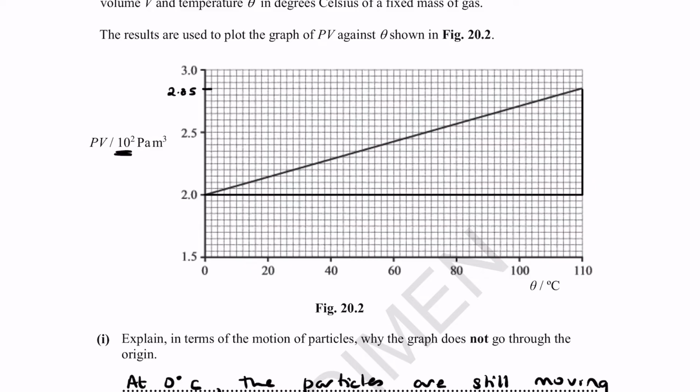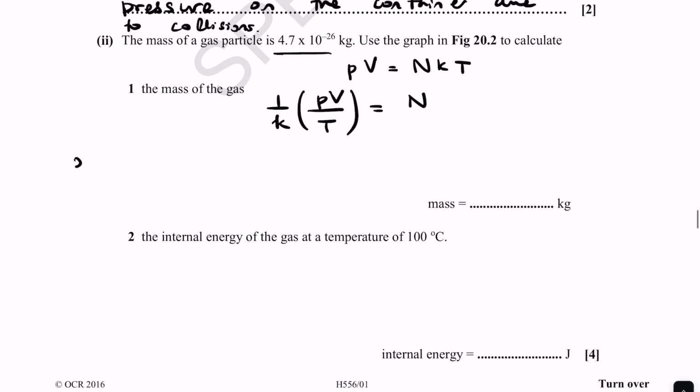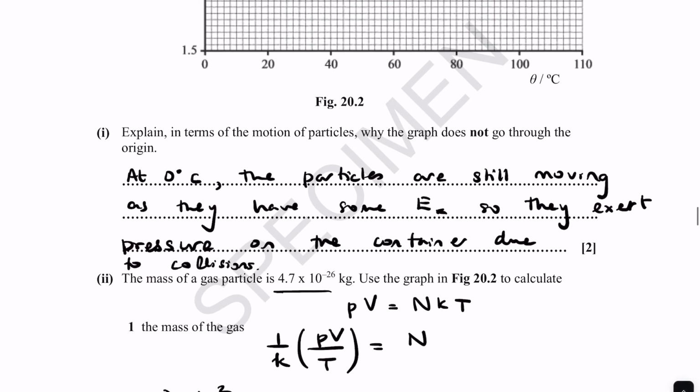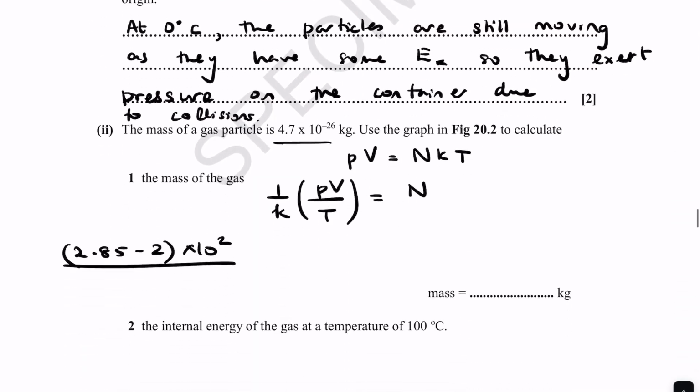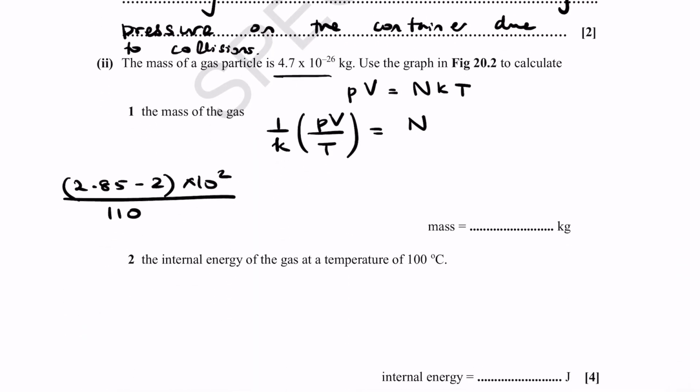So it goes from 2 to 2.85 times 10 to the 2 over the change in temperature, which can stay in degrees Celsius, doesn't have to convert into kelvins, as the change is the same in kelvins as well as degrees Celsius. So the gradient turns out to be, this is a value of PV over T, and that is 0.77.